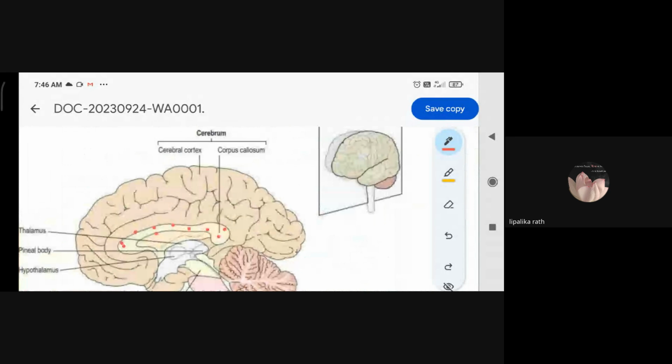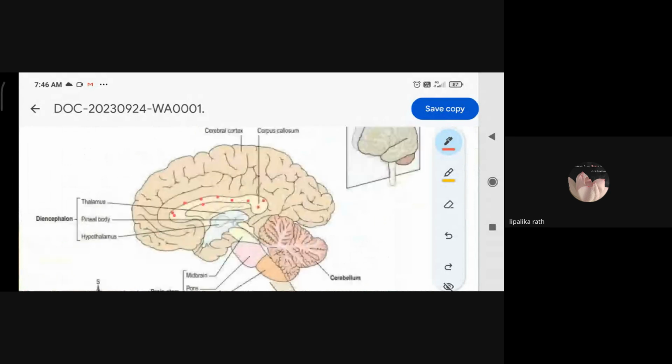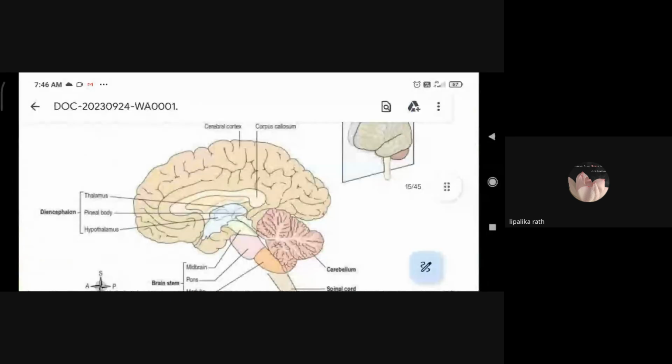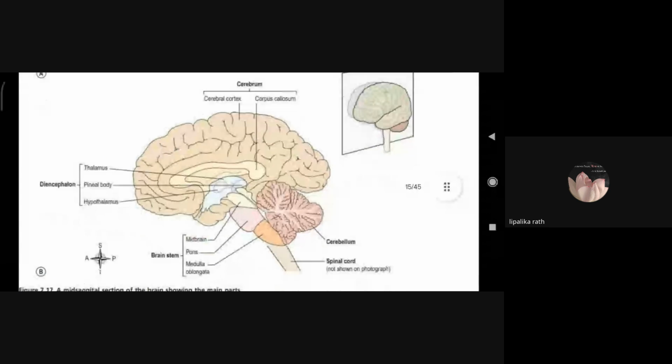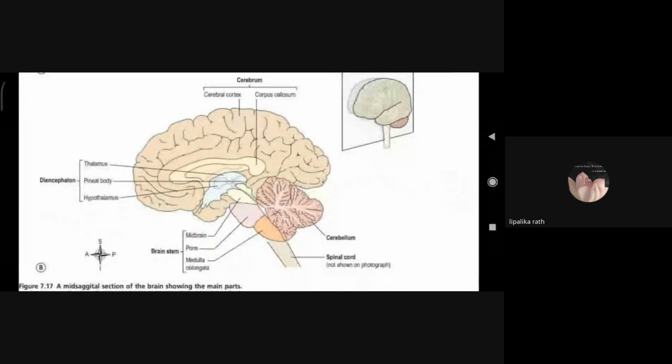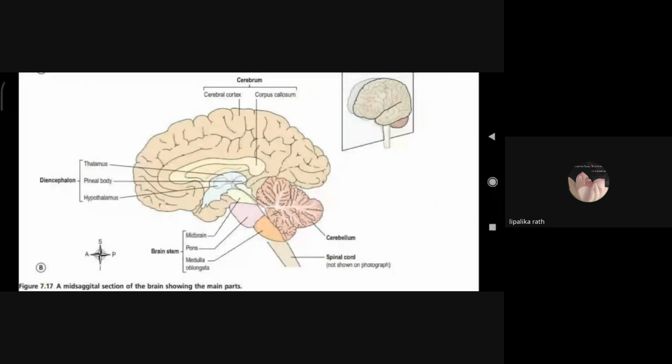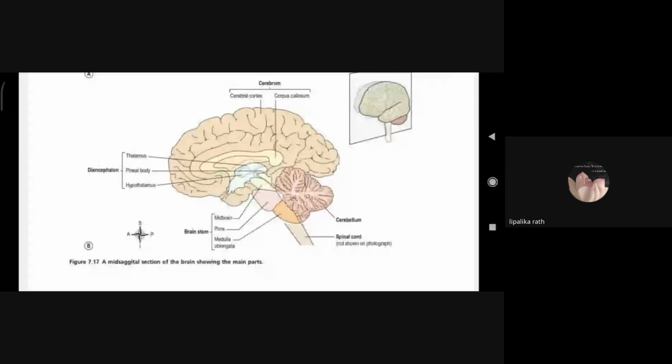So see this picture and grasp this picture. Here you can see the picture: cerebral cortex, corpus callosum, then diencephalon, thalamus, pineal gland, hypothalamus, pons, medulla oblongata, cerebellum. These are what the brain consists of.